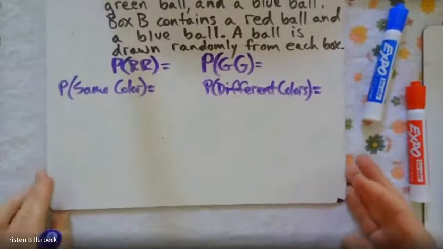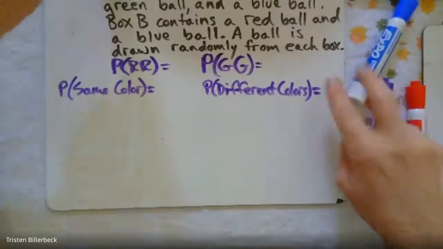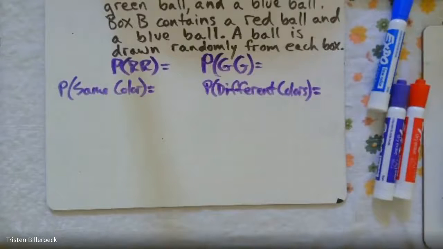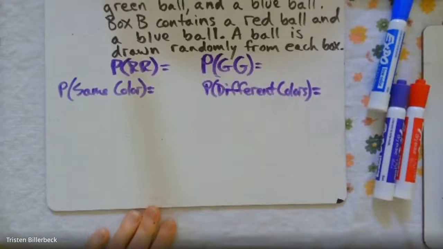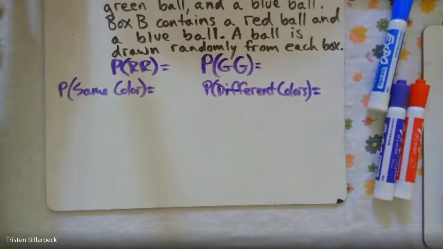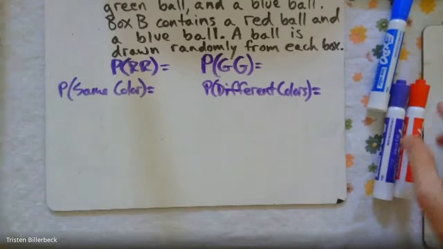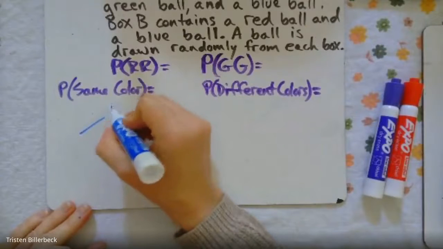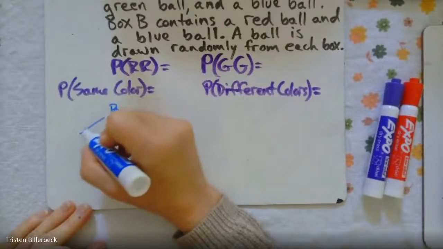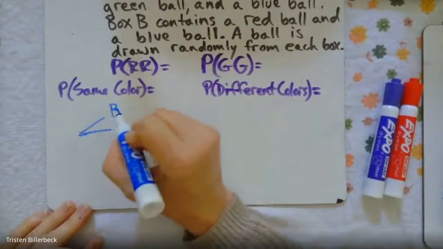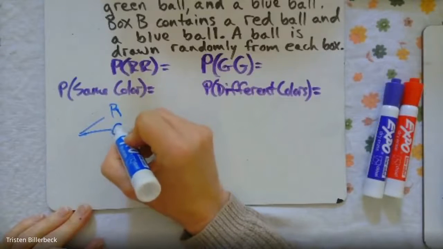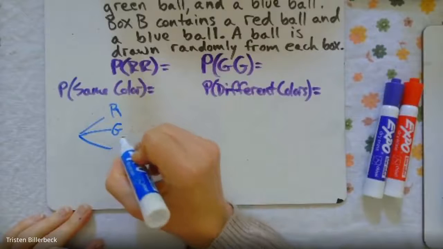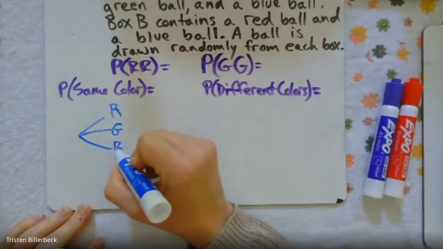So now let's take a look at this. So we have a box A that contains a red ball and a green ball and a blue ball. So let's write out that tree diagram. Let's use this color. Okay, so we have a red ball, a green ball, and a blue ball.